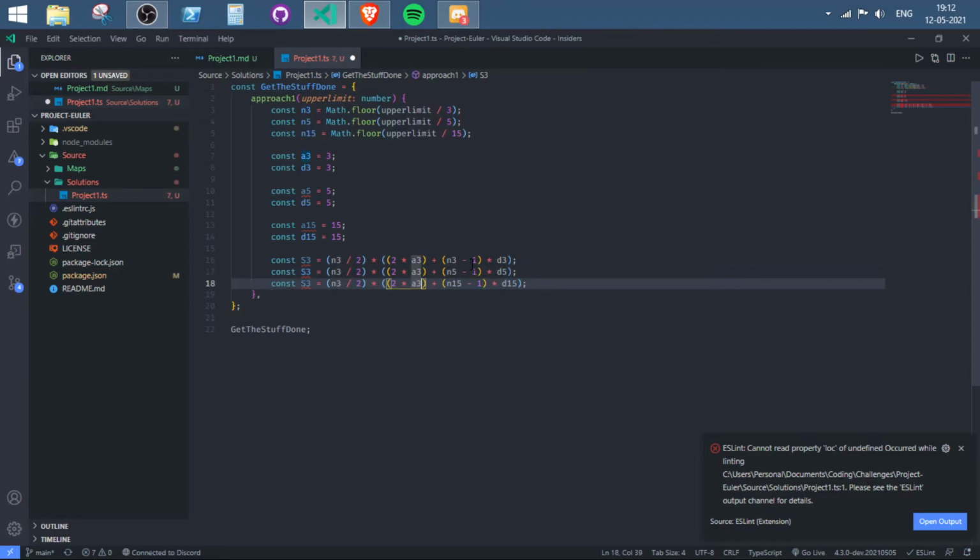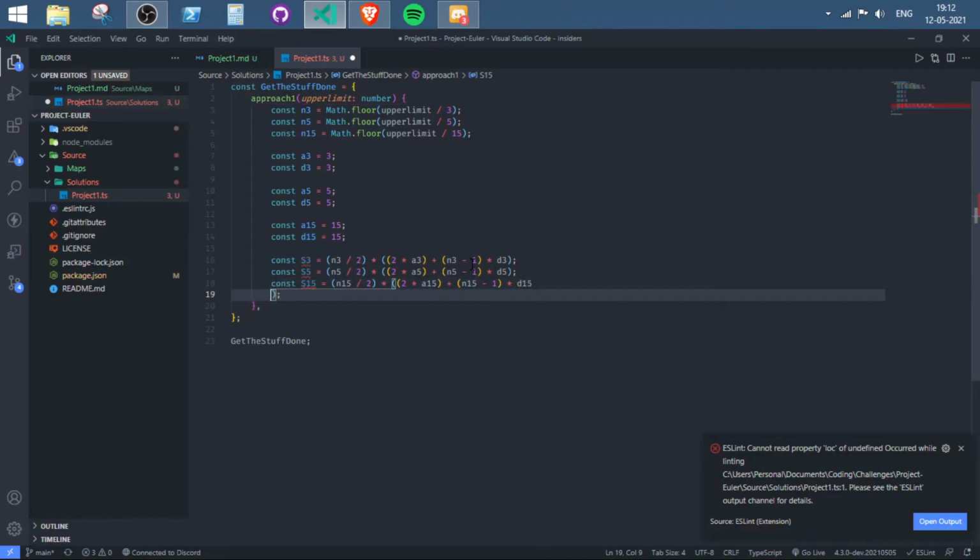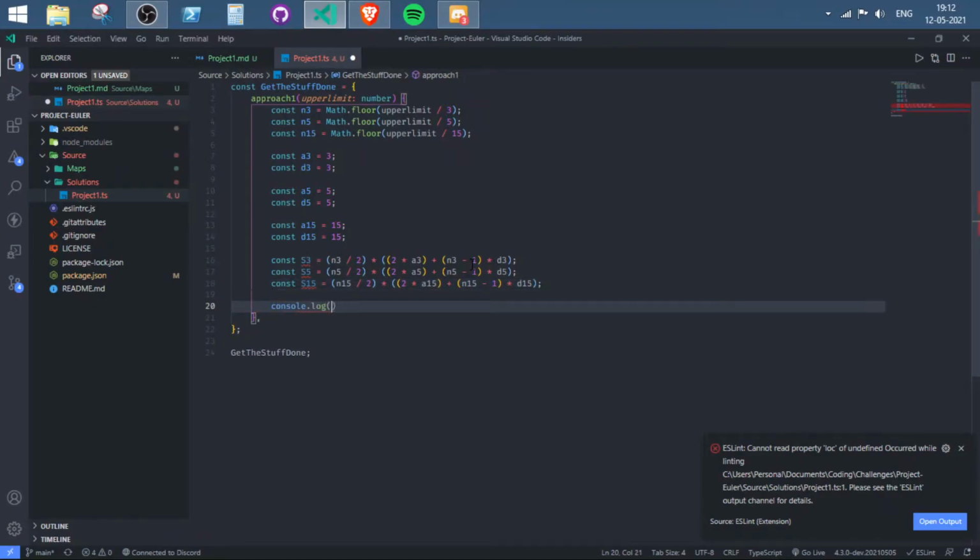We are gonna take in 15 here, the a15, a5, n5 and n15. It will be s15 and s5, and it should return our desired result actually. Let's just keep the console.logs for now.